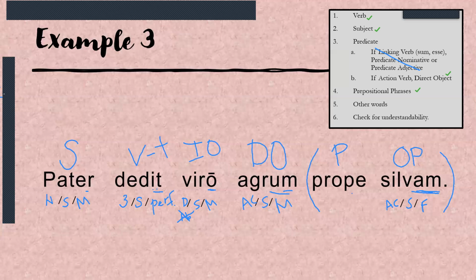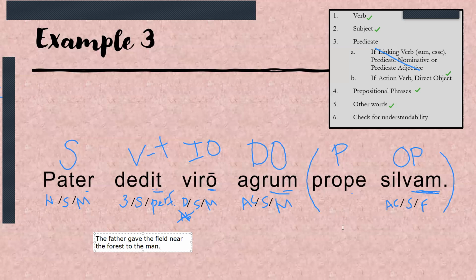Now we can translate, and we can translate it in the order that is the English word order, and it goes like this. The father gave the field near the forest to the man. Now, notice the English translation does not go in the Latin word order.